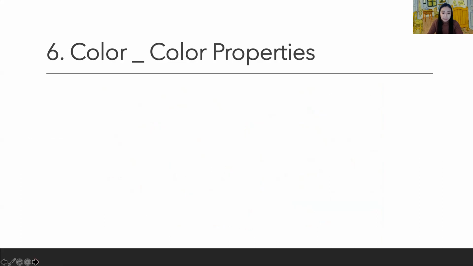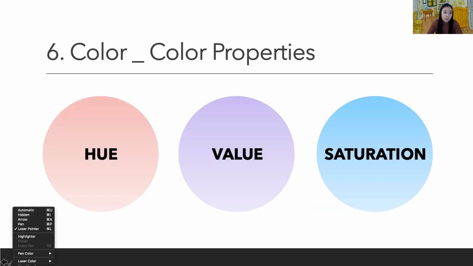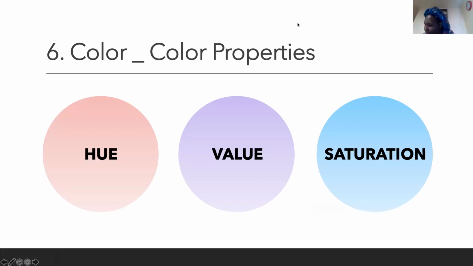So let's talk about color properties. Any color has three properties: hue, value, and saturation. Let's see one by one.